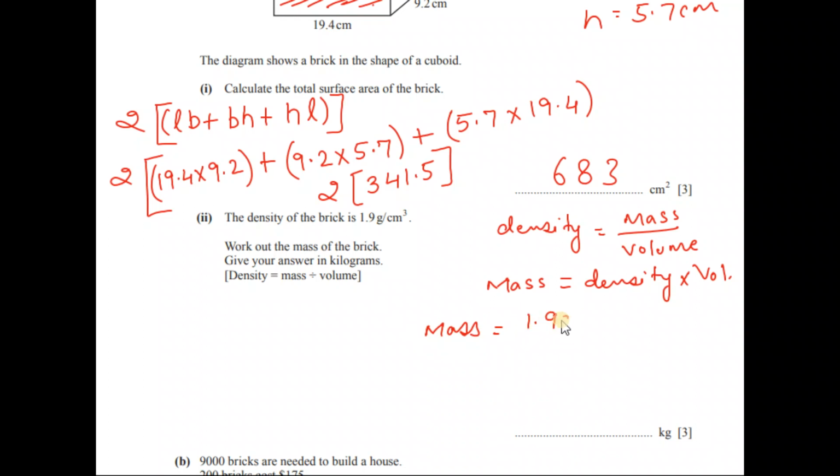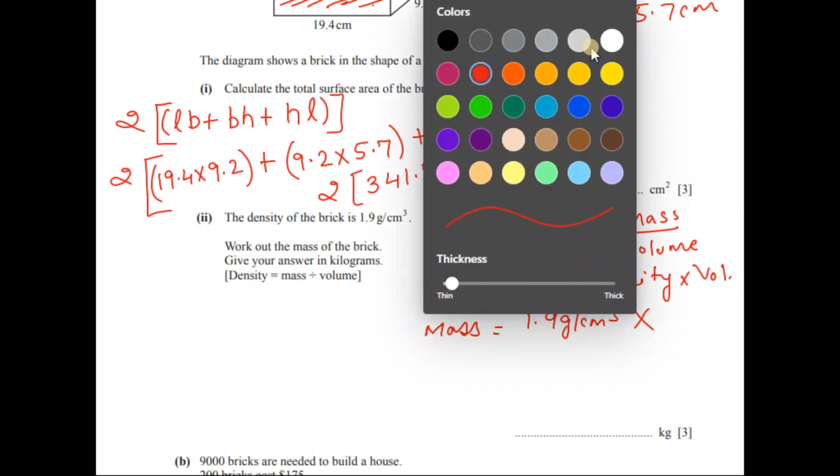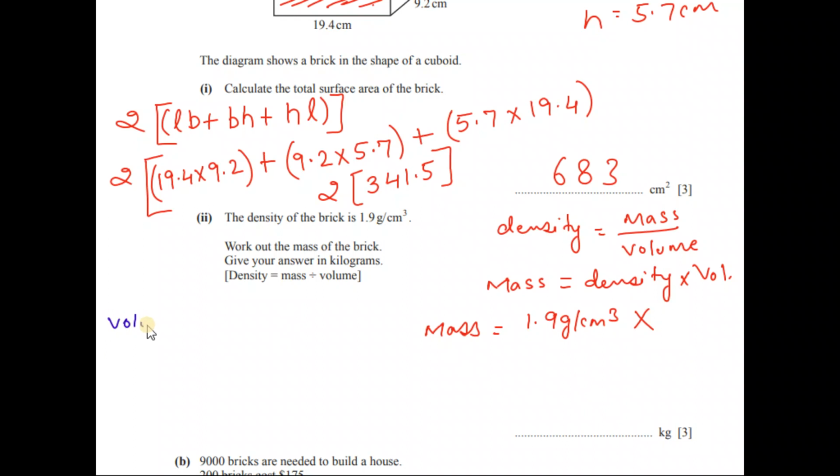So first density is already given 1.9 grams per centimeter cubed. I have to multiply this with the volume of the brick. Okay, so now I will find the volume of the brick. Brick is a cuboid. So volume of a cuboid is very simple. If I multiply length with breadth and height, and that's it.